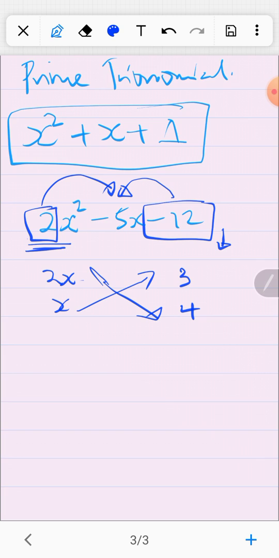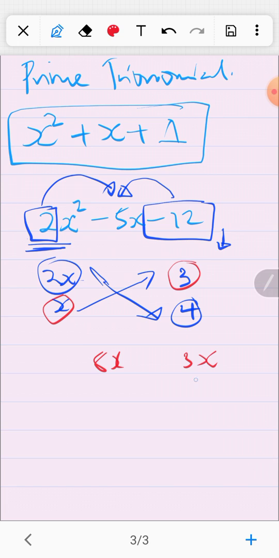Because 3 and 4 give you 12. 4 times 2 is 8. Okay. 3, if I multiply 3 by x, I get 3x. 8x and 3x, I can work with them to give me 5x. Because if the 8 is negative and the 3 is positive, then it's going to give me 5x.